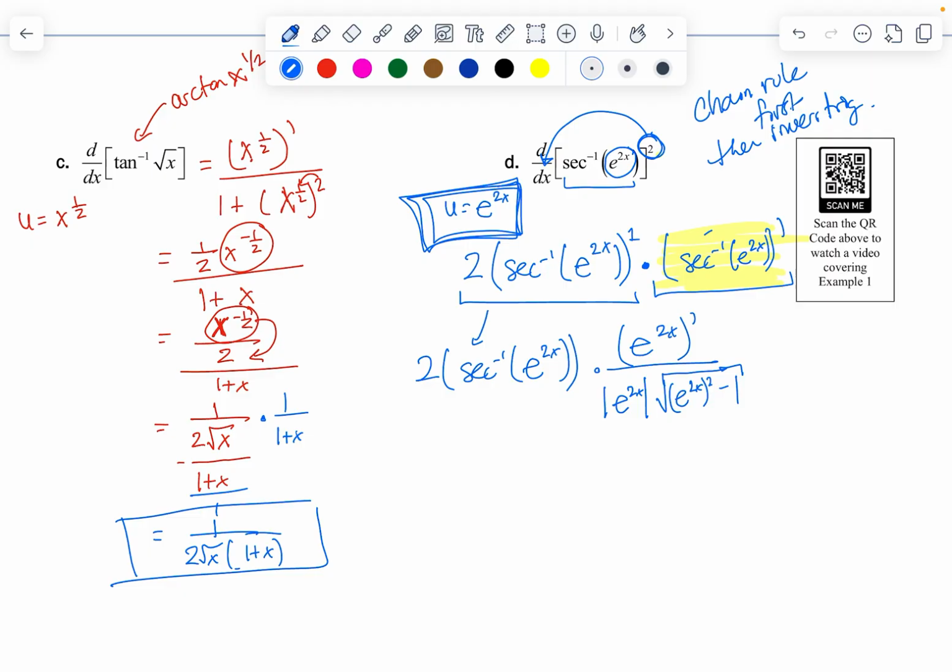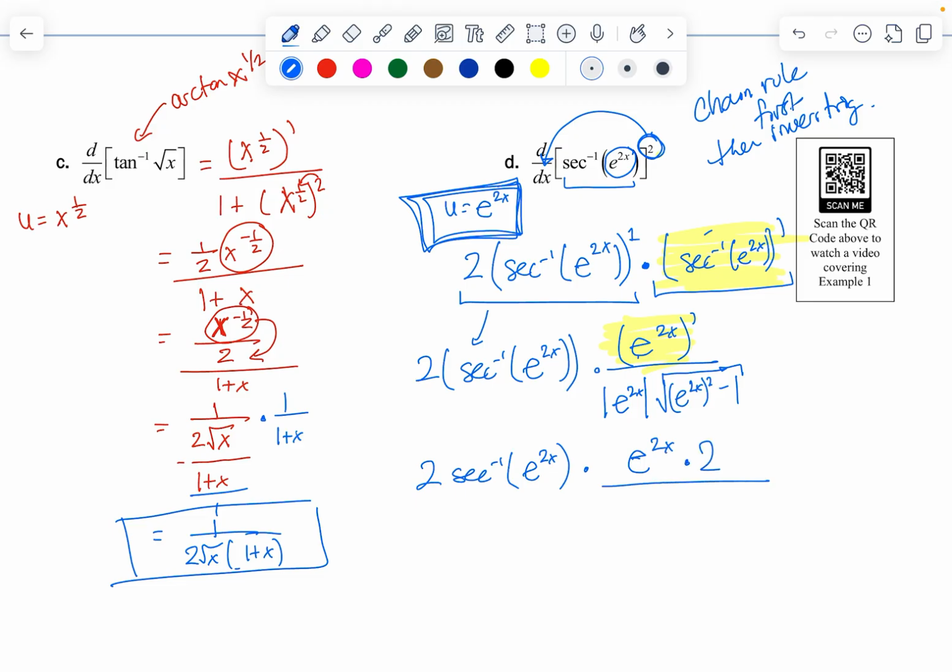And now I got to derive this part. So this is again going to come along for the ride. The derivative of e to the 2x is e to the 2x times 2.